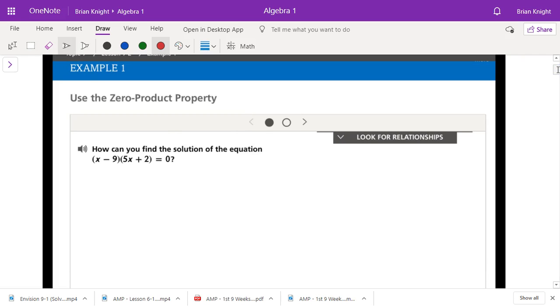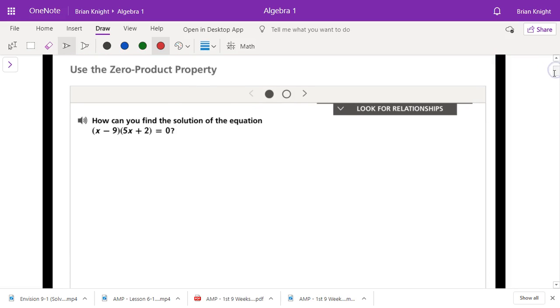First thing you have to know is the zero product property. This is a basic property that a lot of people get mixed up. How do you multiply two numbers and get zero for your answer? Multiply by zero. Is there any way you can multiply any two numbers and get zero without one of the numbers being zero?